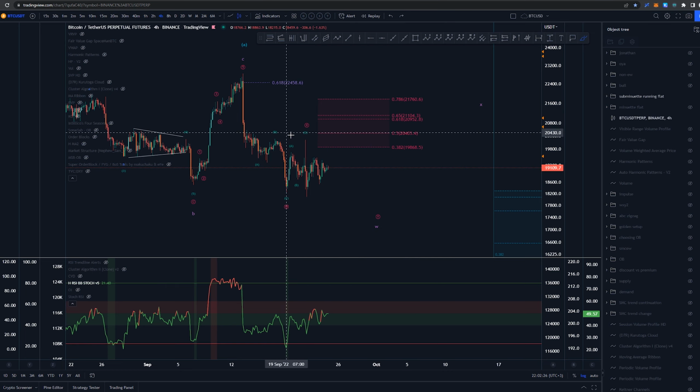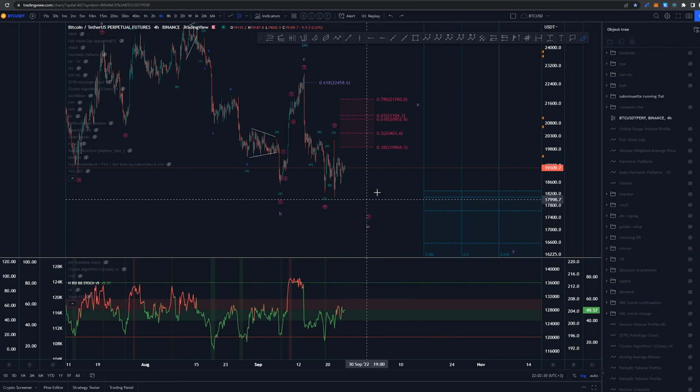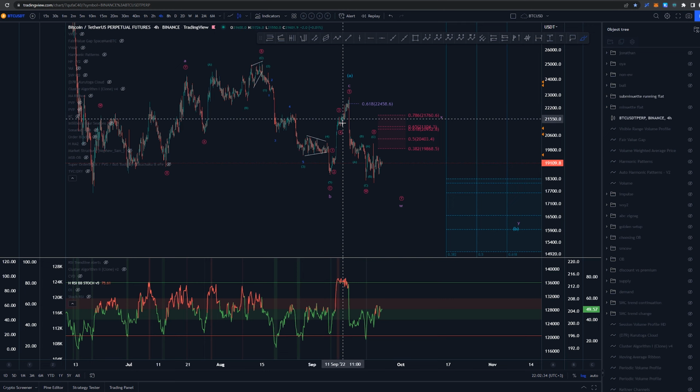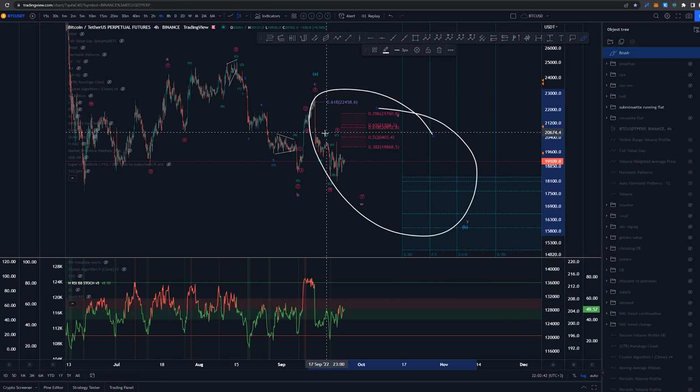I think there were some structures about this on the Discord as well that I'm going to get back to in just a moment on another count here. But that is the overall idea here for this count. A bit harder to track for sure, as this is going to be a three-wave structure here.